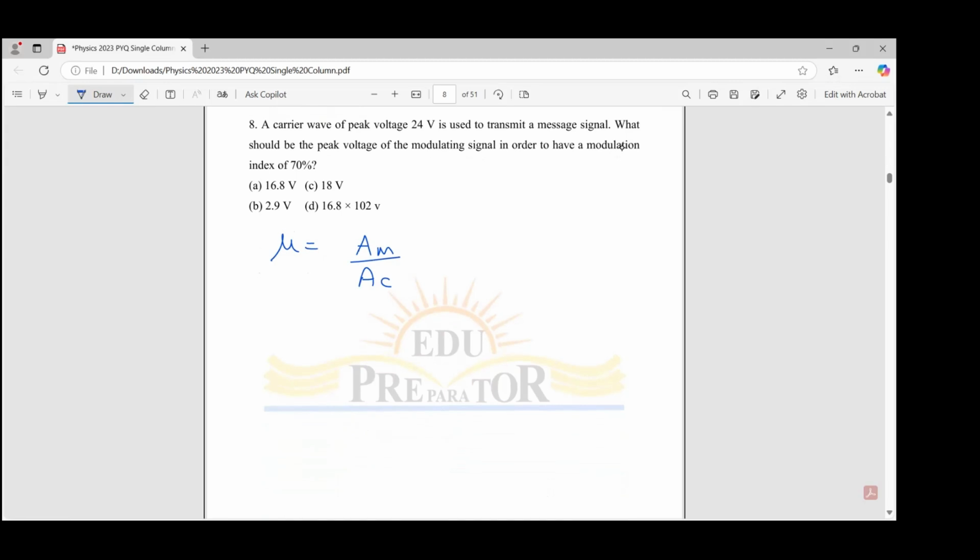Remember, it's a very simple concept. Modulation, basically you add the message signal and the carrier signal, right? So we have the message signal which is superposed on the carrier wave. So mu is Am by Ac. Now mu is given as 70%, that is 70 by 100.